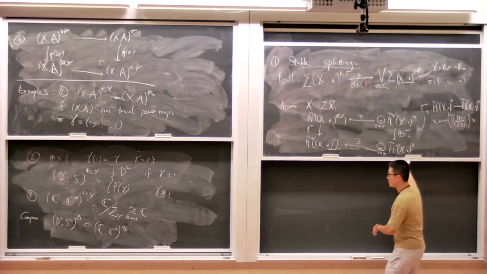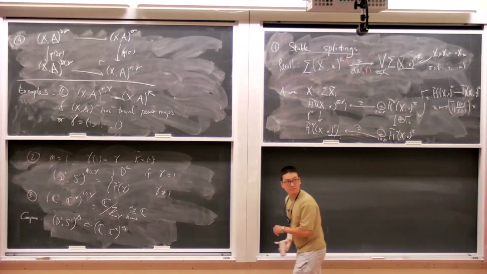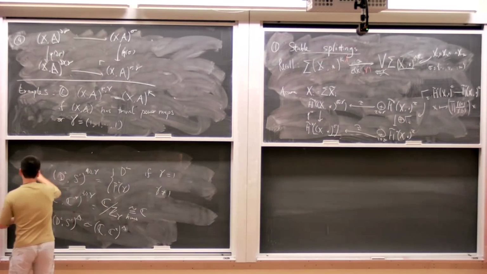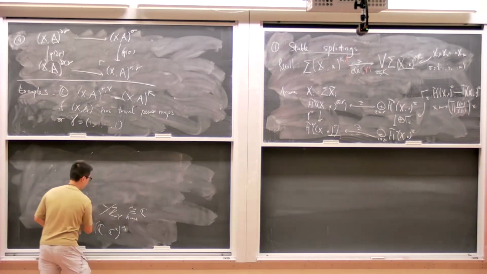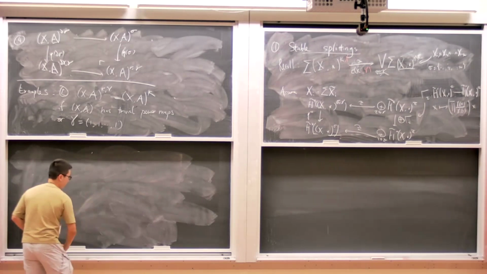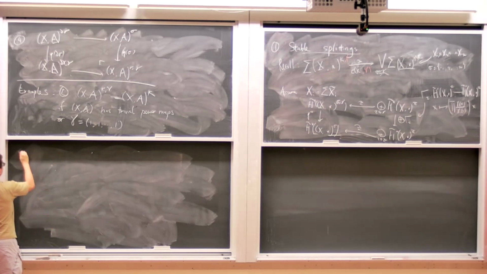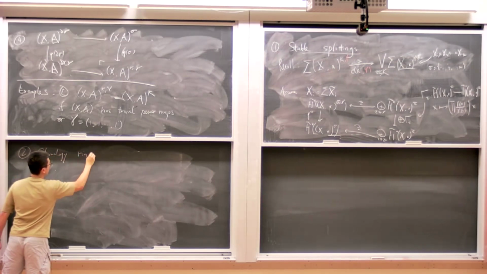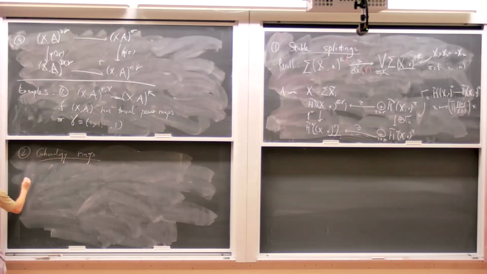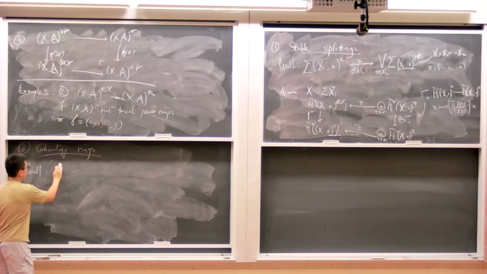Okay, and then like 3 minutes to go. Another property that I want to talk about is the cohomology ring. So recall the following result for polyhedral products.